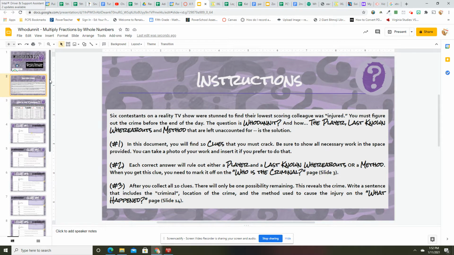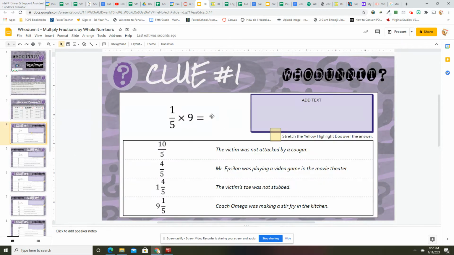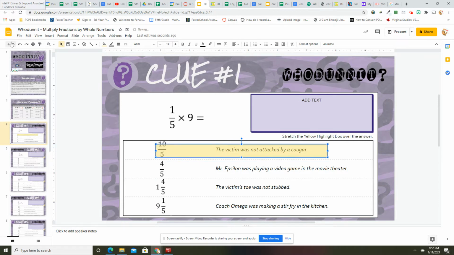Essentially, you're going to work this problem out, and whatever answer you get, you will highlight it with the highlighter tool. You can stretch it out so you can highlight the whole thing.